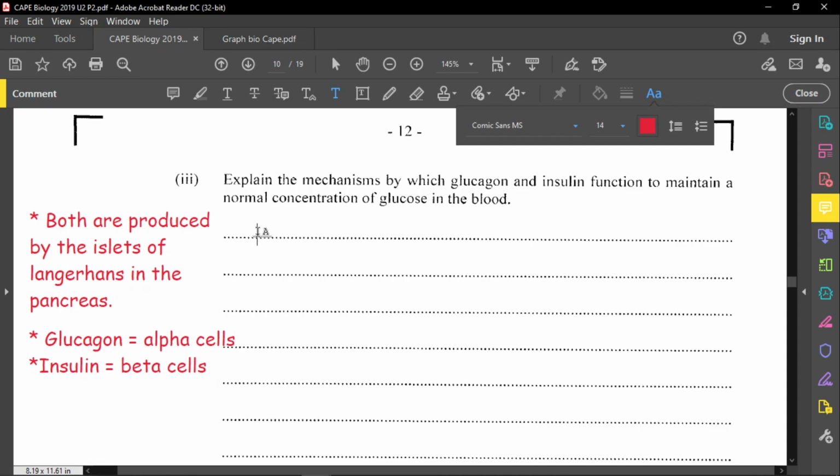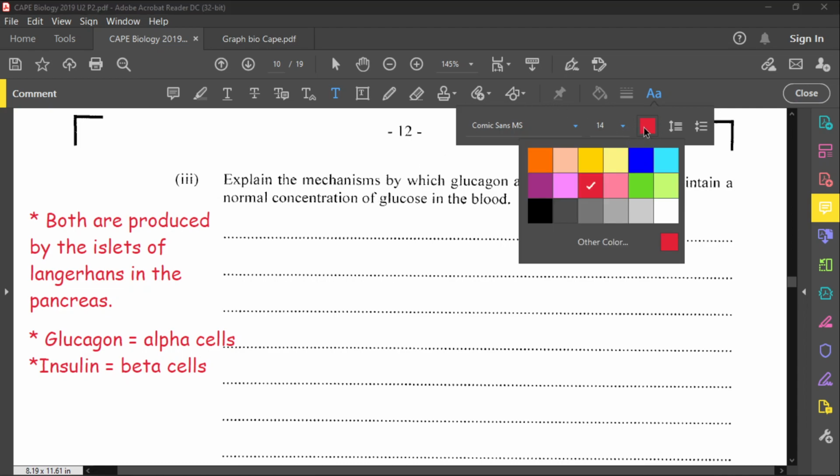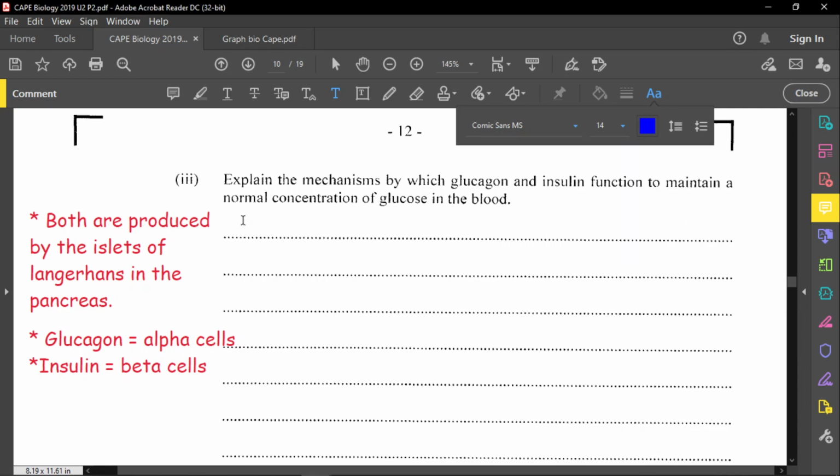All right, so now let's jump into the question and start answering this question here. And again, we're looking at the mechanism in which glucagon and insulin function to maintain normal concentration of glucose in the blood. And so the very first point that I want to make right here is that they both work in what I call a negative feedback system.